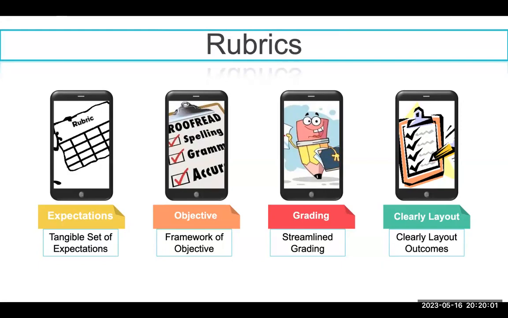Rubrics are beneficial to instructors as they provide a noticeable set of expectations and a consistent framework for objective and streamlined grading. So this is one of the important parts of Blackboard Ultra. And rubrics are useful to students, because they clearly lay out expectations of what is required to excel on a project, test, or assignment.